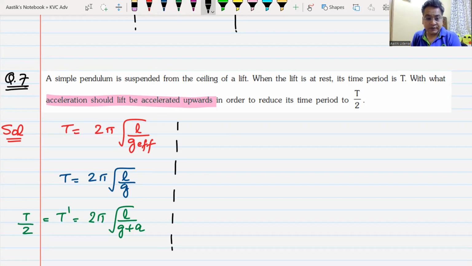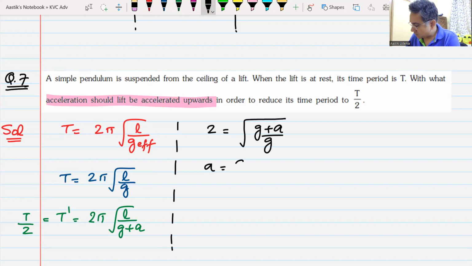So now I can divide the two equations. When I divide the two equations, I will get 2 equal to root over g plus a by g. From here, you can calculate and get the value of acceleration as 3g.